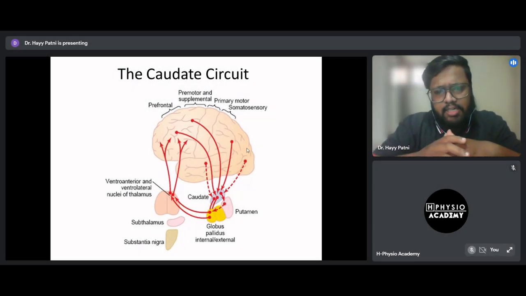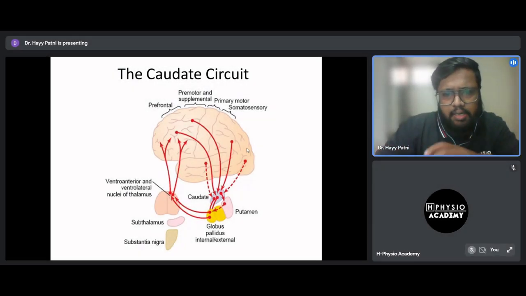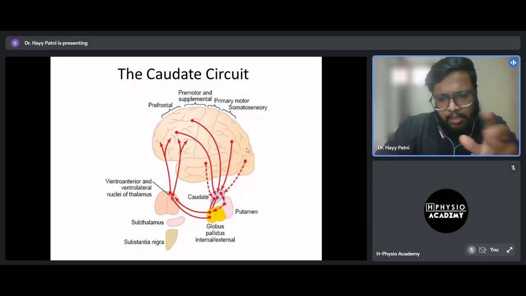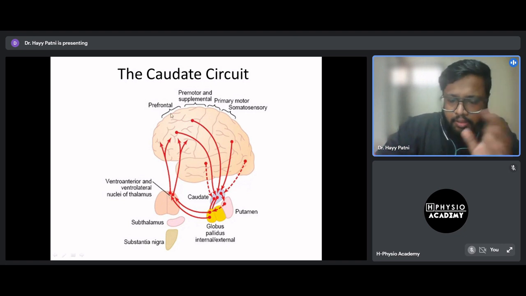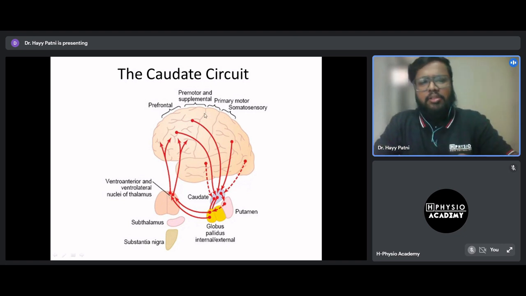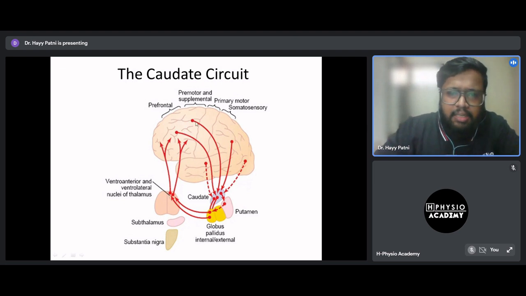Looking at it, we are not directly getting any motor signals from the primary motor area. We are getting inputs from the prefrontal area, the premotor and supplementary areas, some from the primary motor area, some from the visual and auditory cortex, and some from the temporal areas as well.